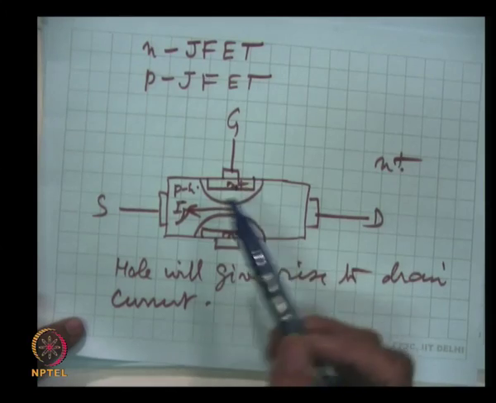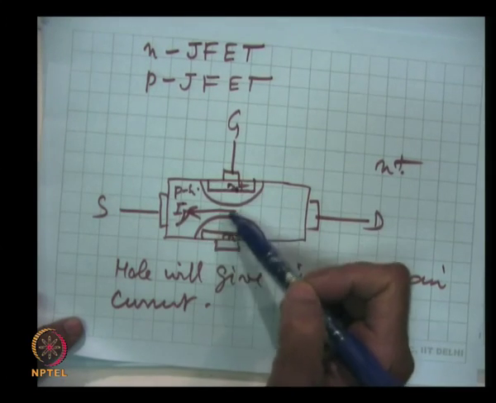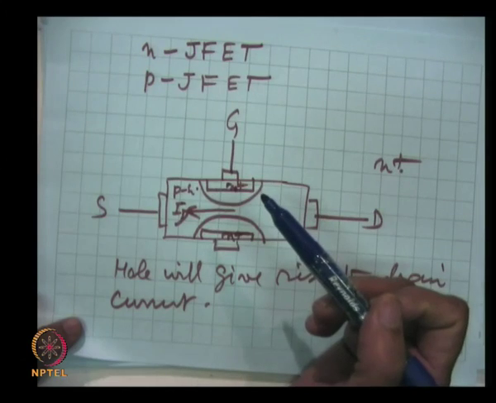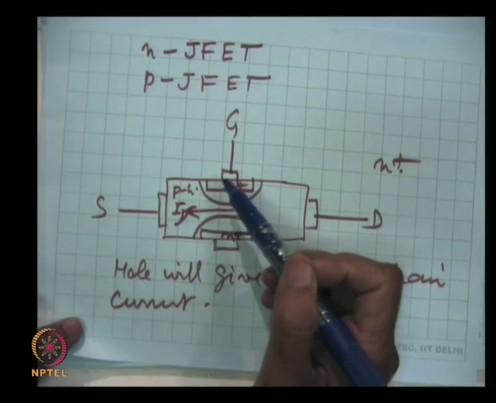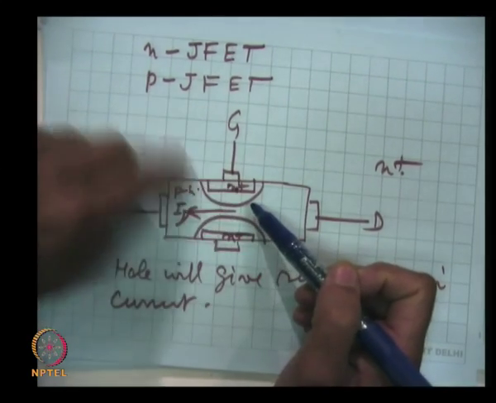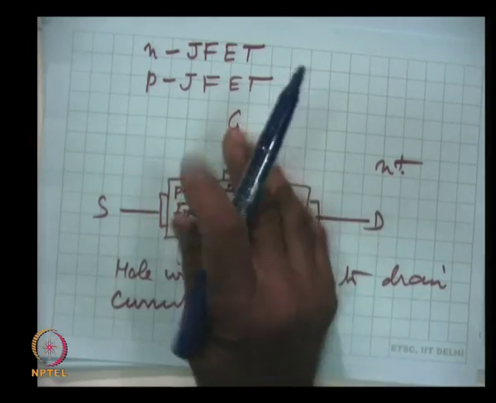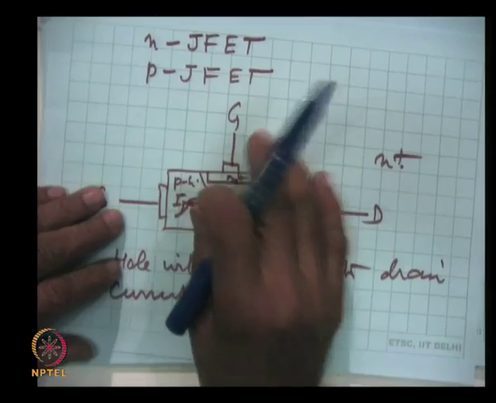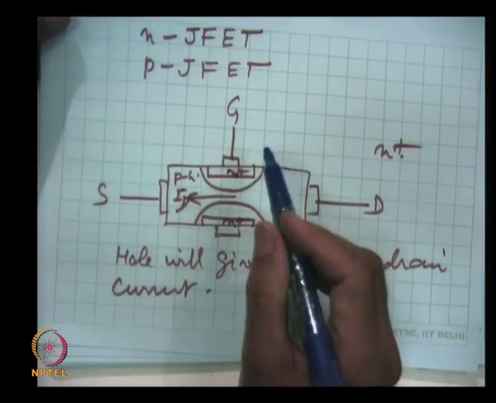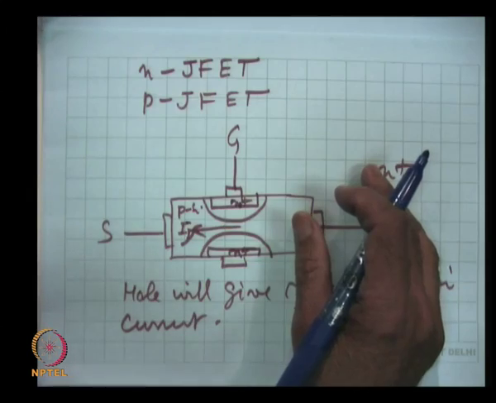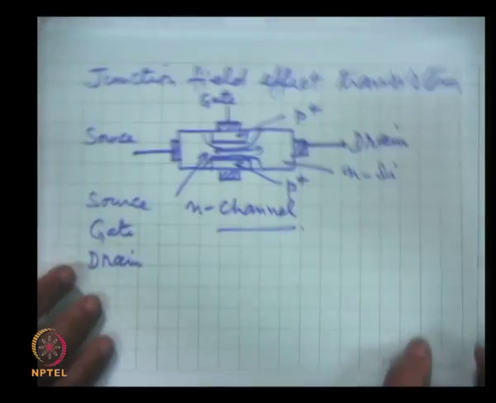To forward bias it, we would have to give a positive potential, which will forward bias the PN junction, and a lot of current will flow. So, that will not be operative. That is for N type JFET. The figure must be, yeah, here.